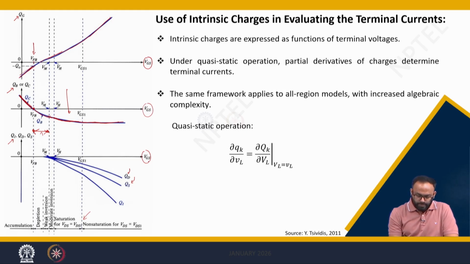So when you increase VGS beyond a point that we generally call the threshold voltage, beyond that point my current gets started. This is a saturation region, right?